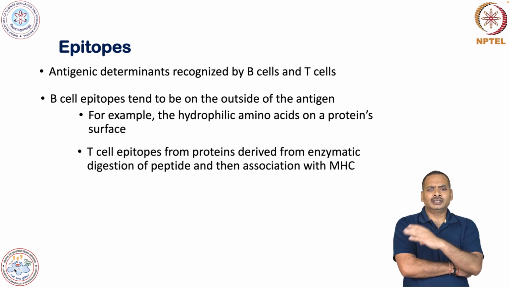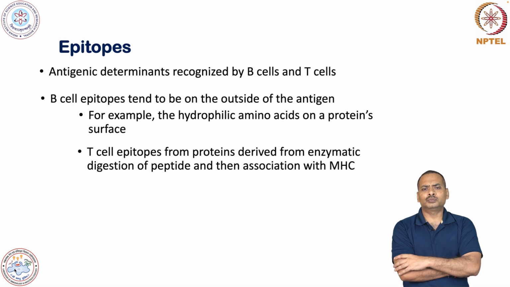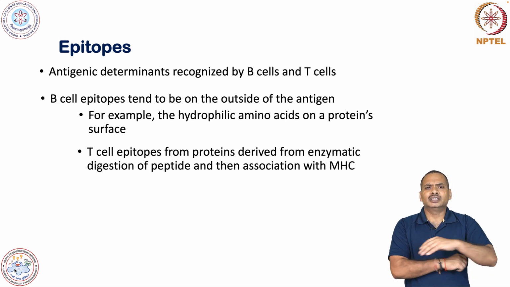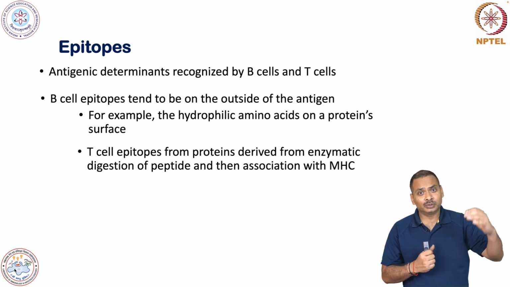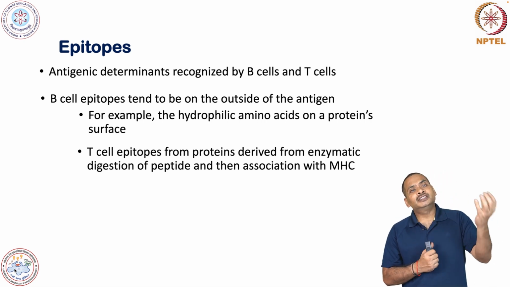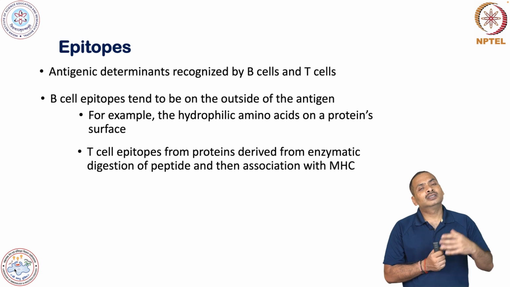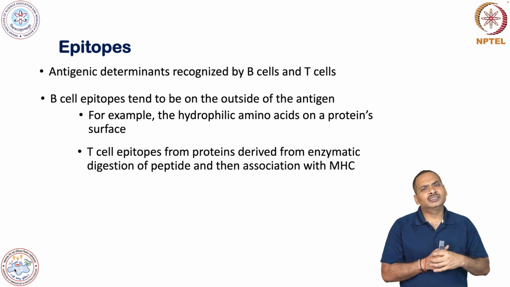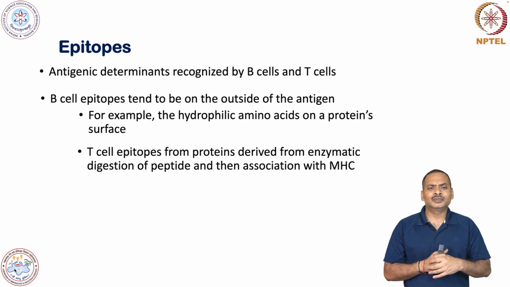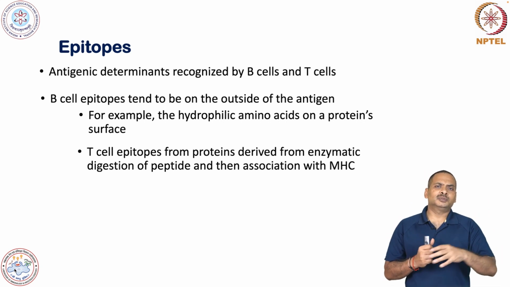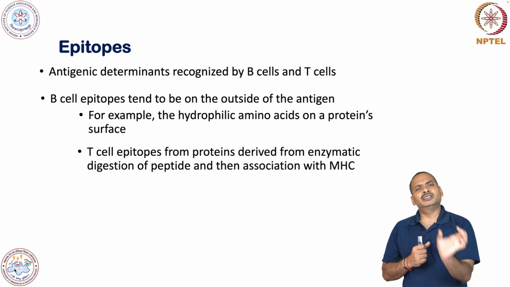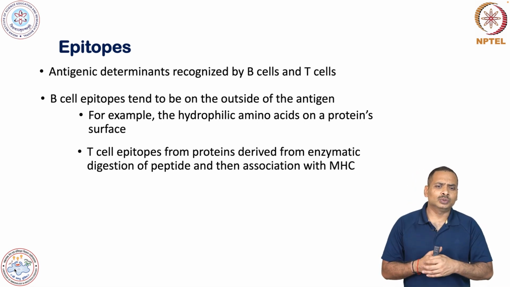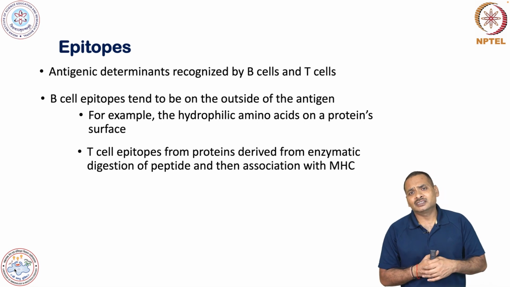So, the T cell epitope from protein is basically derived from enzymatic digestion. You remember that the antigen is taken up by the macrophages or dendritic cells, and then there will be action of enzyme in phagolysosome, and then that digested protein turns into peptide, and this peptide is associated with MHC class 2 if it is a TH cell.